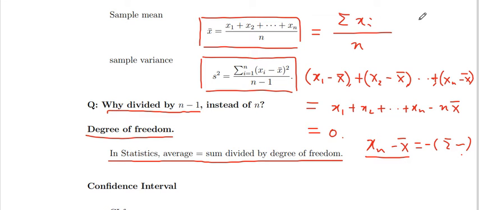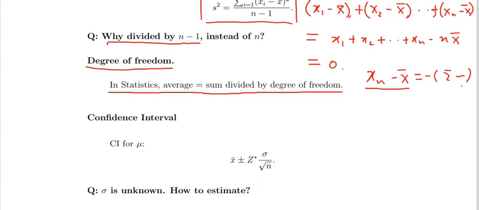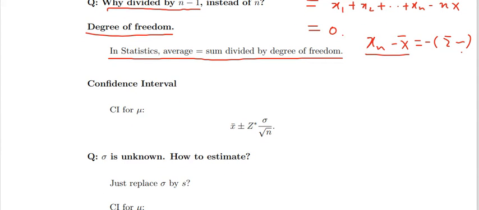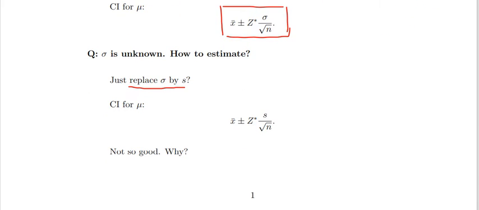So in this situation, how can we find a confidence interval for mu? If we know sigma, we can use this formula. If we don't know sigma, then we just replace sigma by s, replacing the population's standard deviation by the sample's standard deviation. So it seems we can have this formula: x bar plus or minus z star times s over radical n.